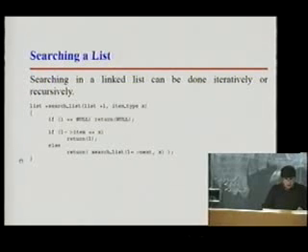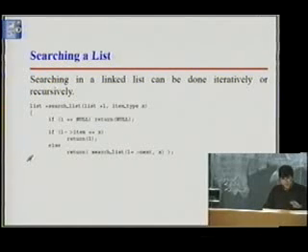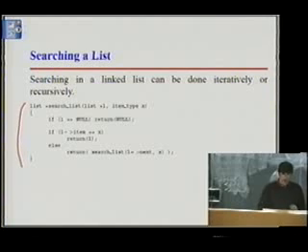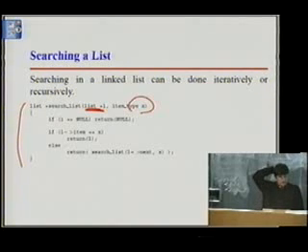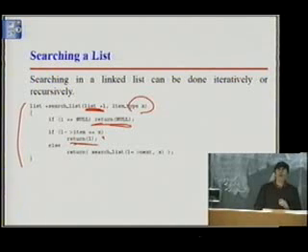Alternately, there is a recursive algorithm for searching a linked list. Look at this program here. Search a list L. L is, I now have a pointer to a list. If I'm looking for item X, if L is null, that means my list is empty. I can't find my item. If the item, what L points to, the data field it points to, is the value of X, return the pointer to it.